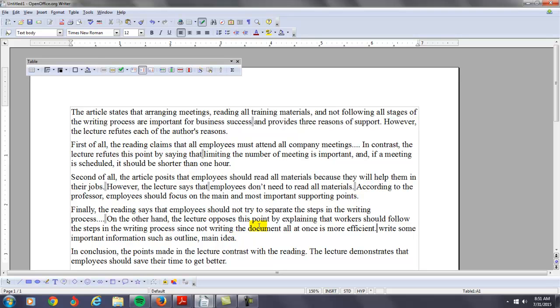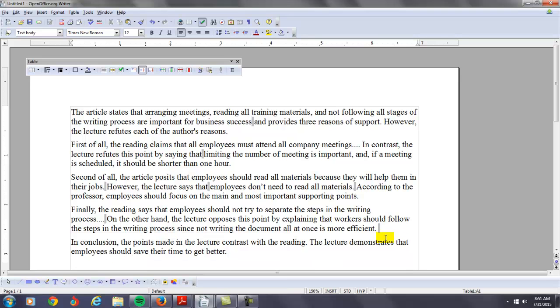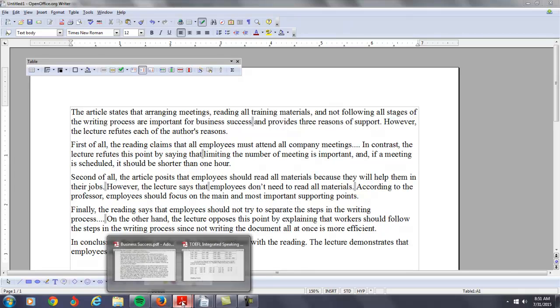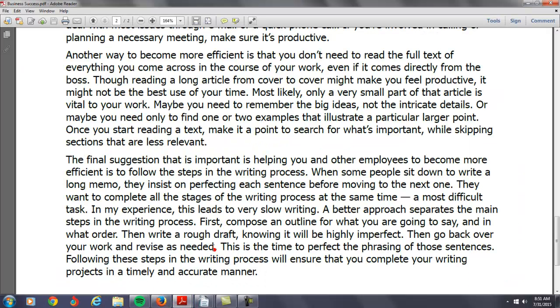And then, I don't know if you have to say this, but if you want to mention that information, you have to be pretty accurate about it. So you might want to say, therefore, the speaker suggests that a worker first should compose an outline, then write a rough draft, and then go back and revise the document as needed. Right? You can say something like that.